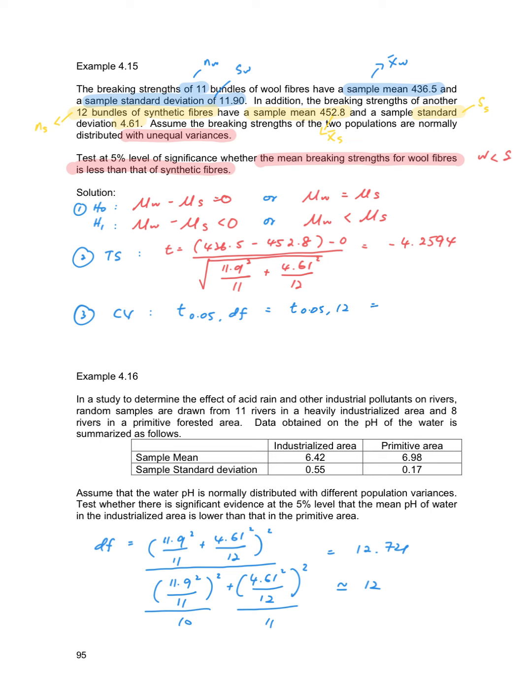Look at your T table and we will get 1.782, but don't forget to put a negative sign here because our sign is less than. I forgot to write this: this is a left tail test.